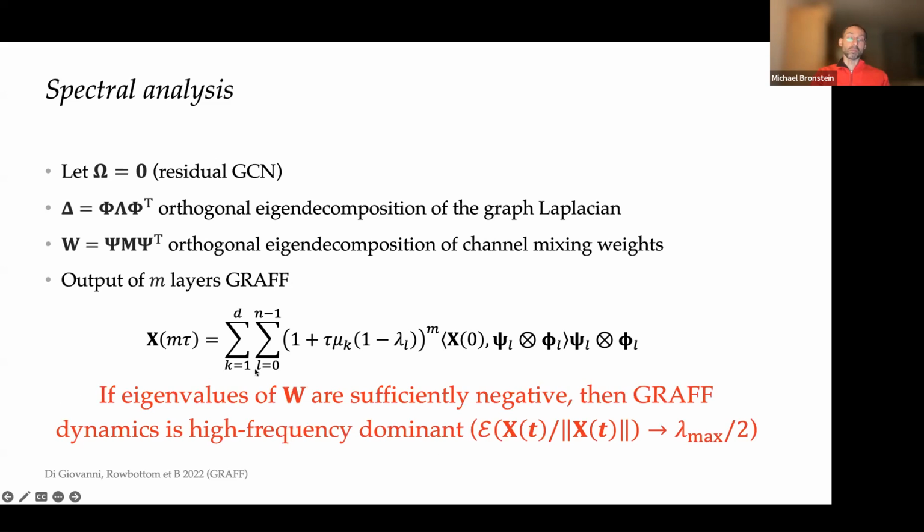More formally, if the eigenvalues of W are sufficiently negative, then this framework is high frequency dominated, in the sense that the Dirichlet energy of the normalized solution will converge to something non-zero, half of the largest eigenvalue of the graph Laplacian. What is important is that we don't have the oversmoothing phenomenon that folklore attributes to GCNs.